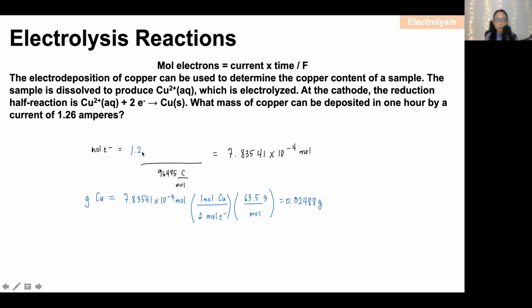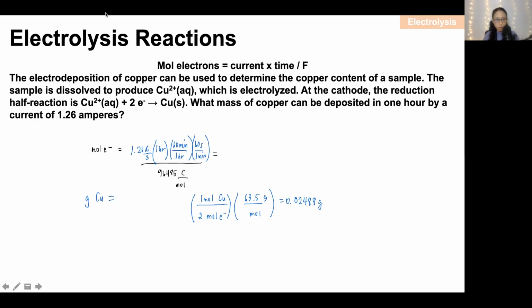So that's 1.26 amperes or coulombs per second times 1 hour, and you have 60 minutes in 1 hour, and you have 60 seconds in 1 minute. So this is not the correct moles of electrons.